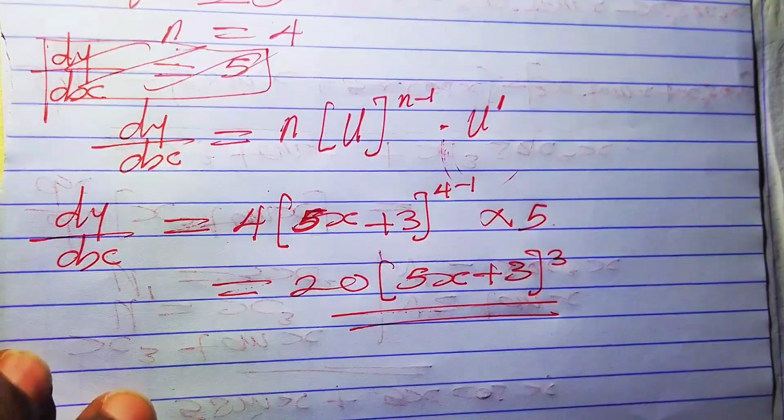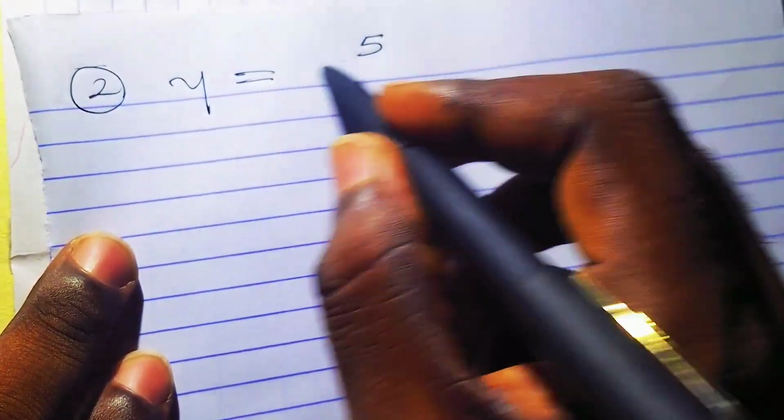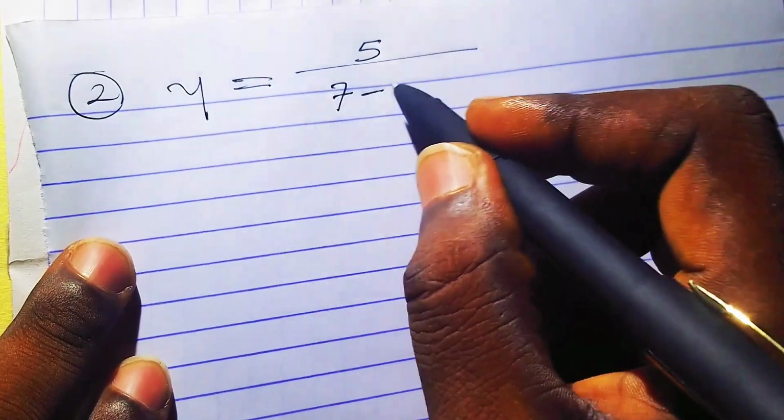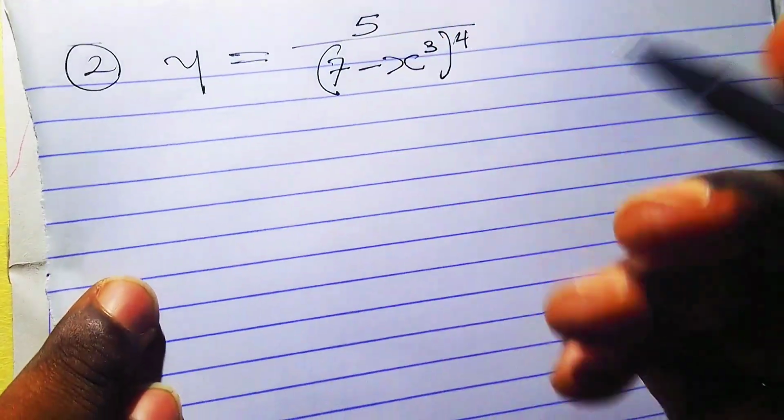So let's take a look at another set of examples. Here is question 2. If y equals 5 over (7 - x cubed) raised to the power of 4, how best can we express this?